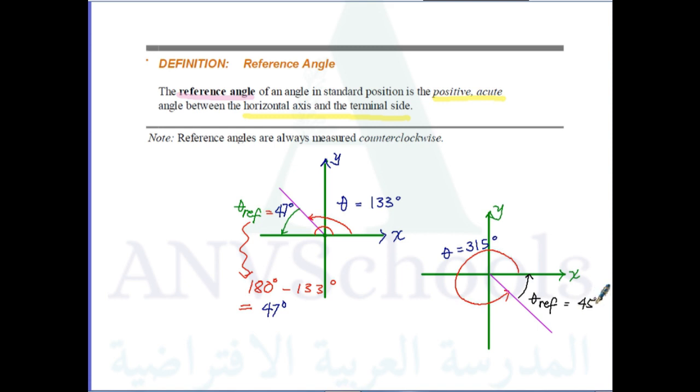We cannot go from here to here because that would be negative 45 degrees. So in angle rotation, the direction of the angle, this arrow, is very important because that will also affect the sign of your angle. In this case, our theta ref, or reference angle, is always positive.